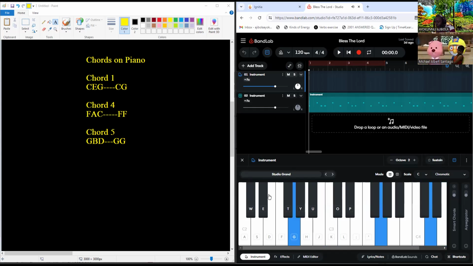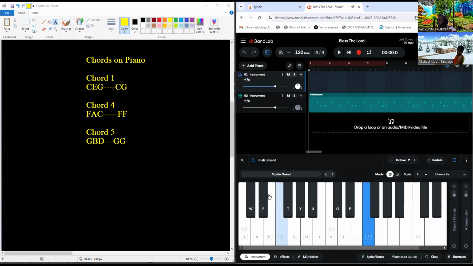That's 5. So I ended on chord 1. Let me try again. That's called 4. Back to 1.